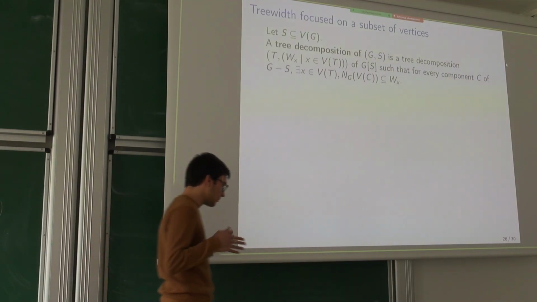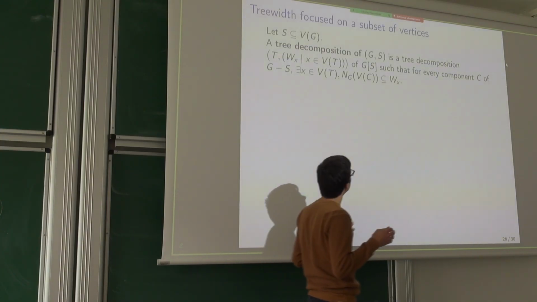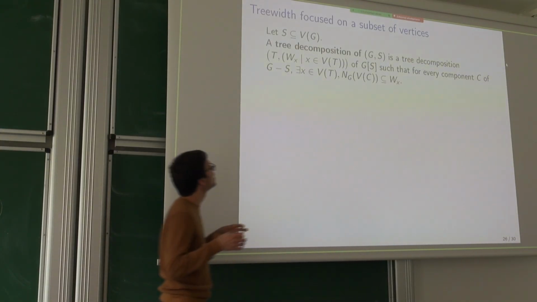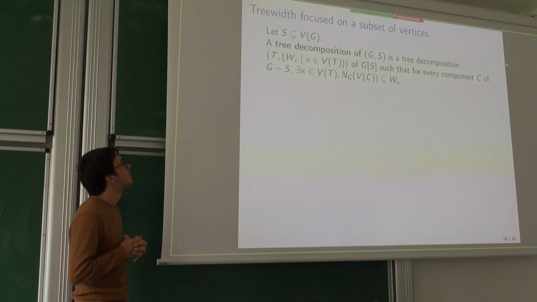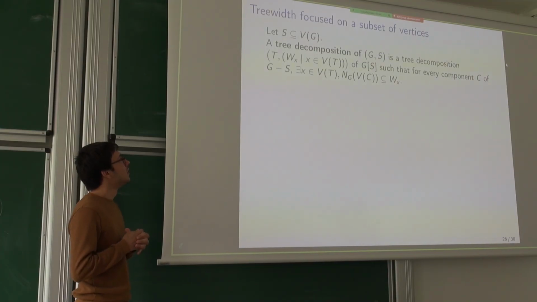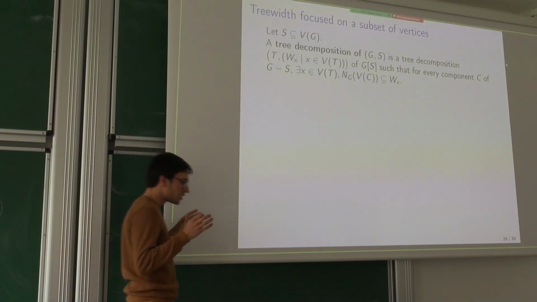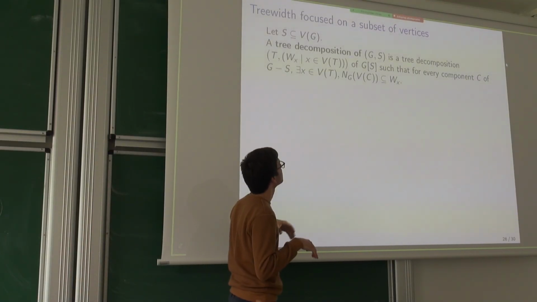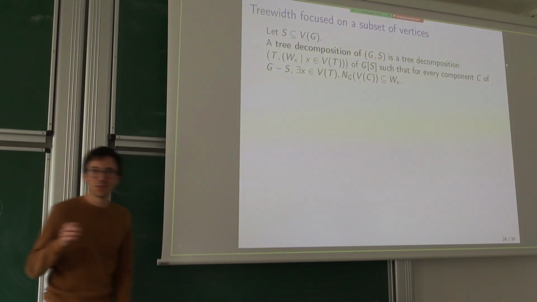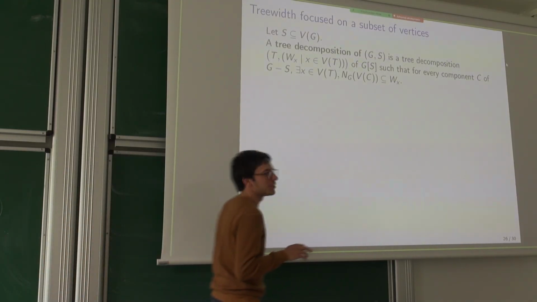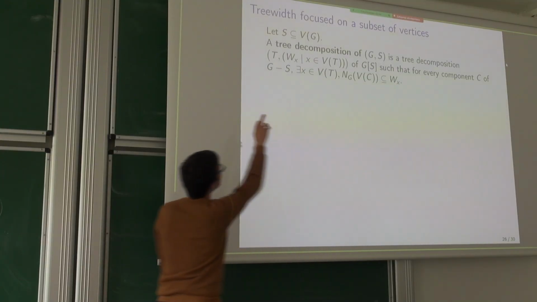And so to still use this idea, we need to generalize this notion of tree width to a notion of tree width which is focused on a subset of vertices. So this is an idea that is useful for other problems. Some of the people here can talk about that.